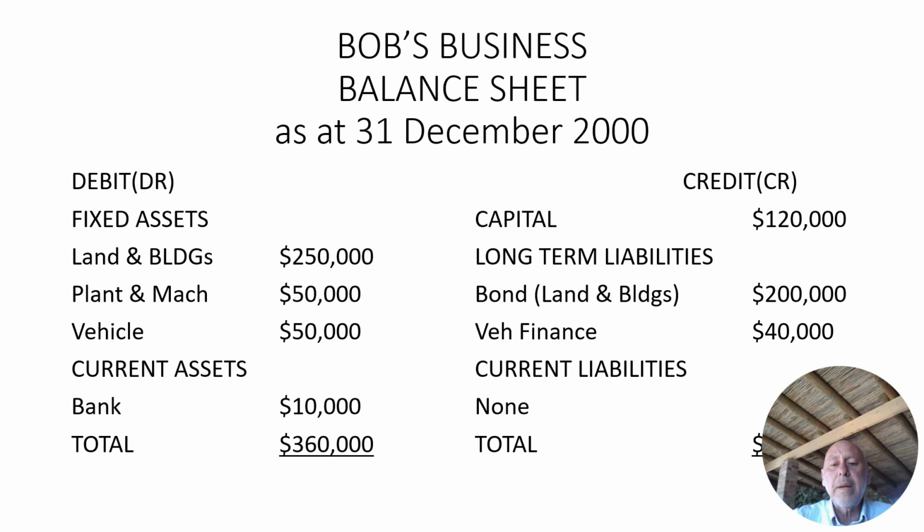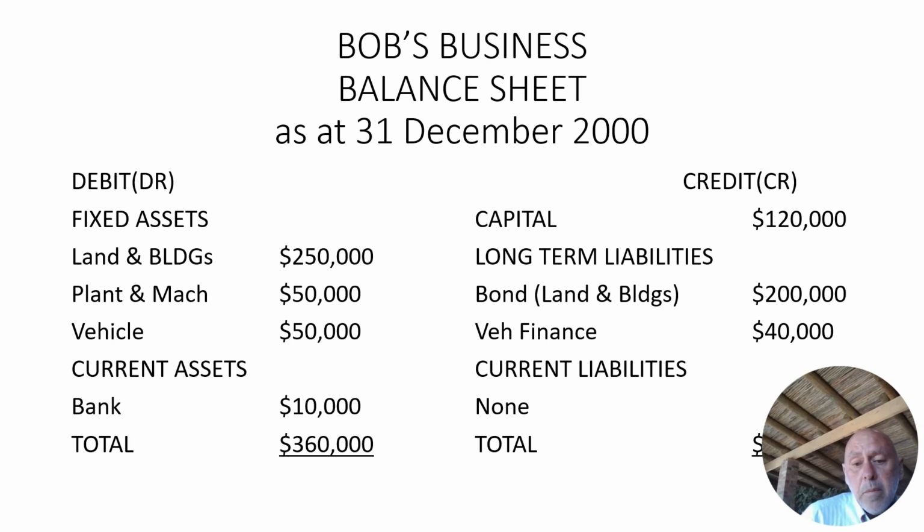Very simply, with everything on the left-hand side you add them up together to get a total, and everything on the right-hand side you add up to get a total. So it's exactly the same as that math equation I told you about. The left-hand side is still A plus B, your assets plus your bank. And on your right-hand side is C plus D, your capital plus your debt.